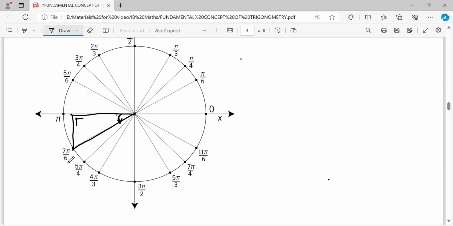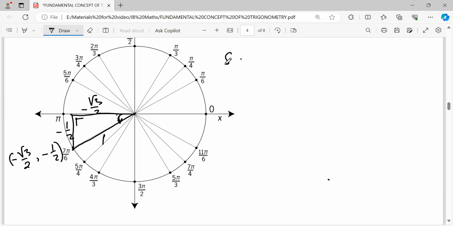It means the coordinate point is negative square root 3 over 2, comma, negative half.